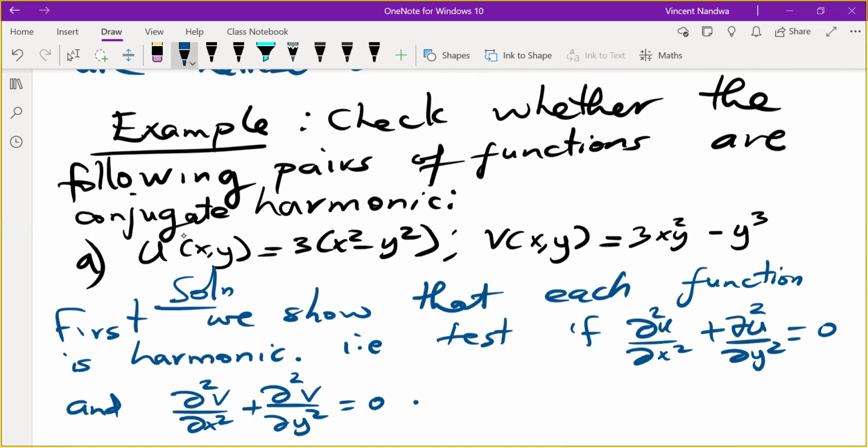I want you to quickly confirm for me, is u harmonic? Check whether u is harmonic.